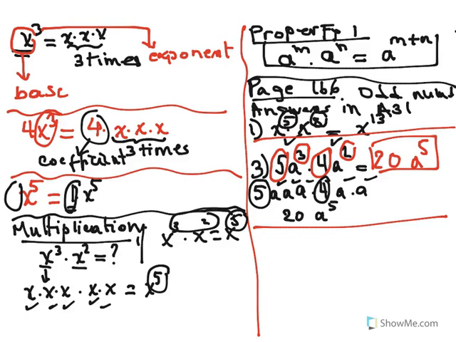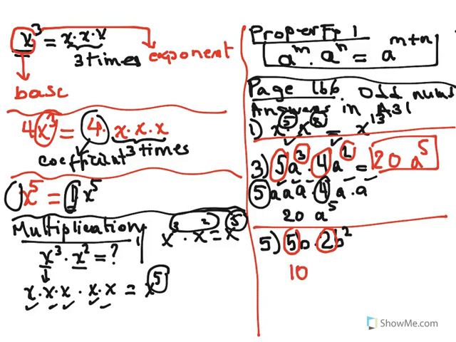Okay, let's start now with problem number 5. Problem number 5, I have 5b times 2b to the second. Again, note that 5 and 2 are coefficients. 5 times 2 is 10.